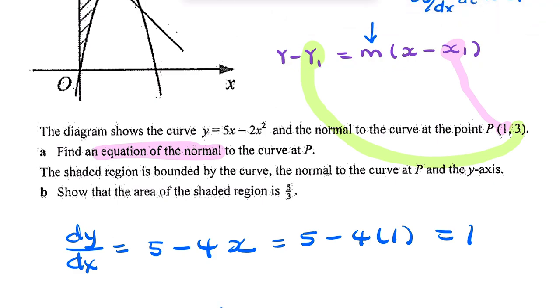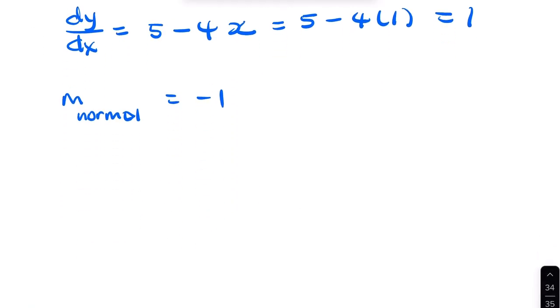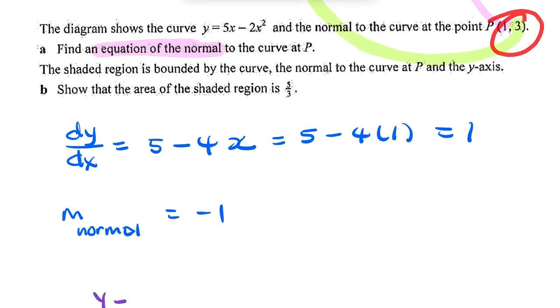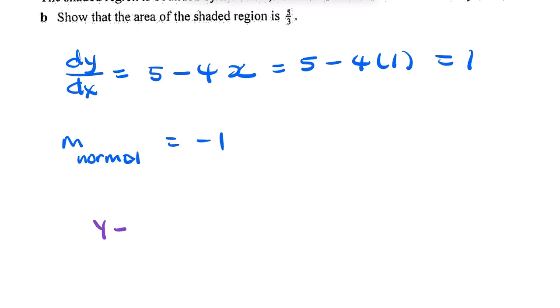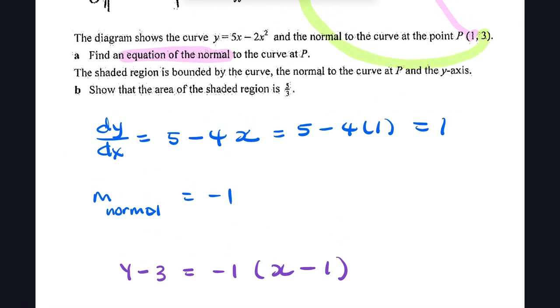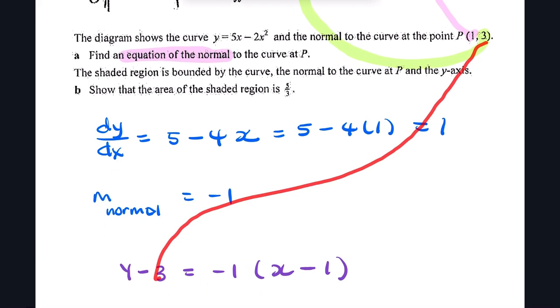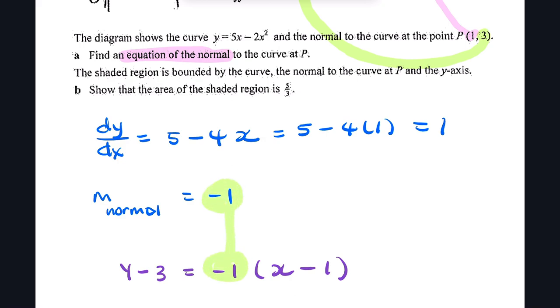So I can say y minus y1, which is 3, equals minus 1 times x minus 1. So I got 3 from there, I got the 1 from there, and the gradient I got from there.